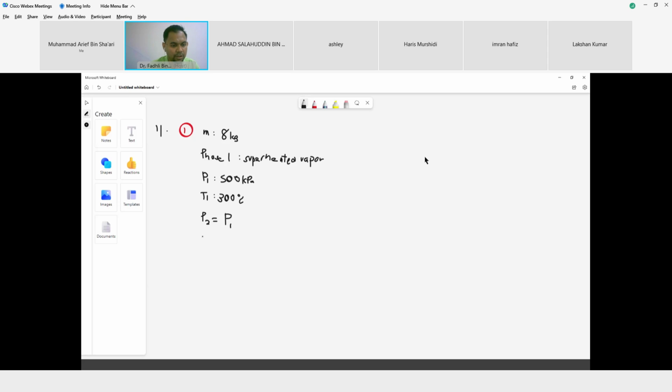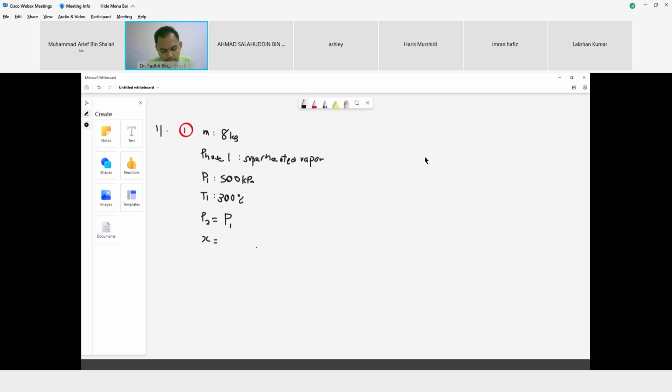We can find x. So x equal to what? 0.7 or 0.2 or 0.3? So you have to look back at quality.